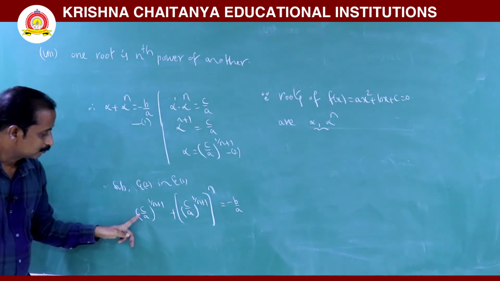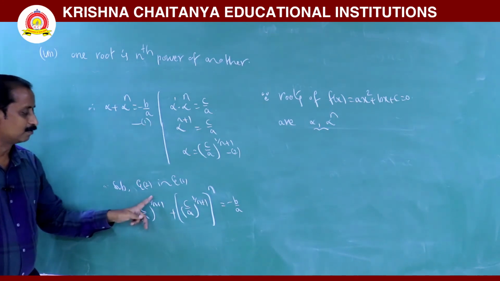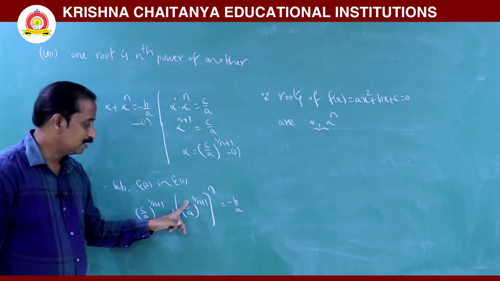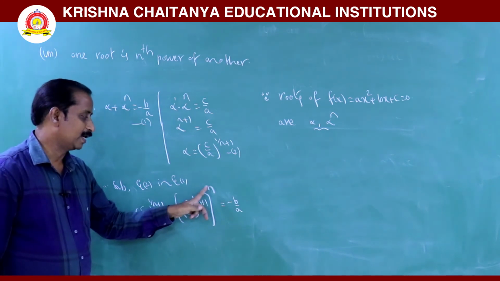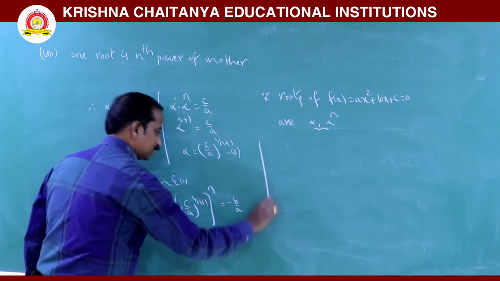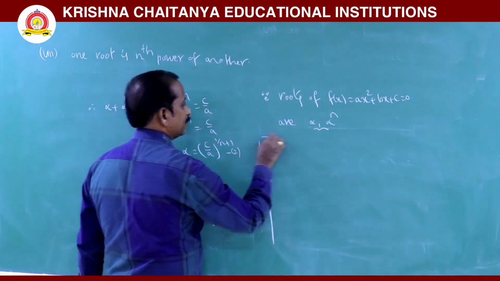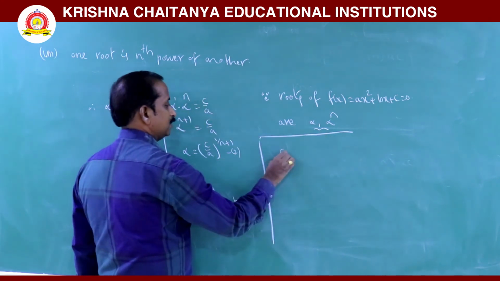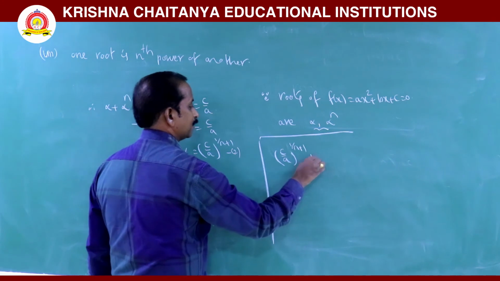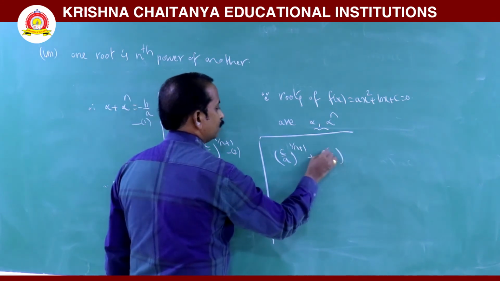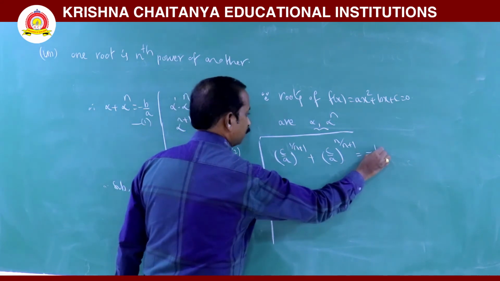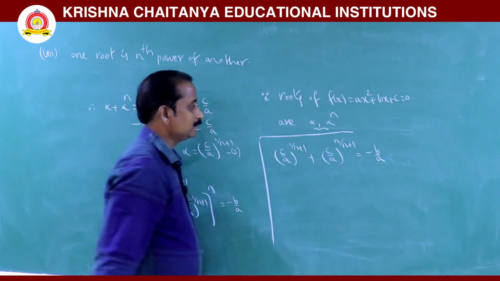Now we can write (c by a) whole to the power of 1 by n plus 1 plus (c by a) whole to the power of n by n plus 1 is equal to minus b by a.